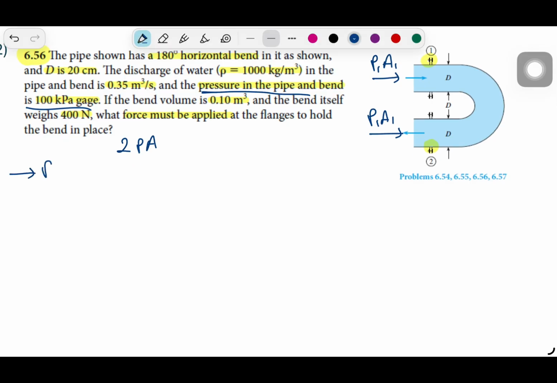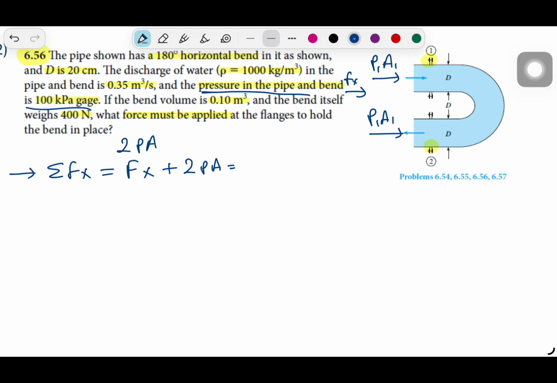So let's look at the horizontal direction. So we have Fx, and right now we have 2PA.